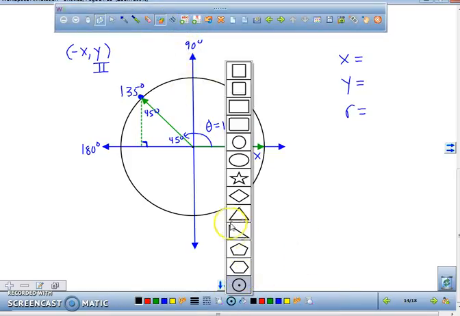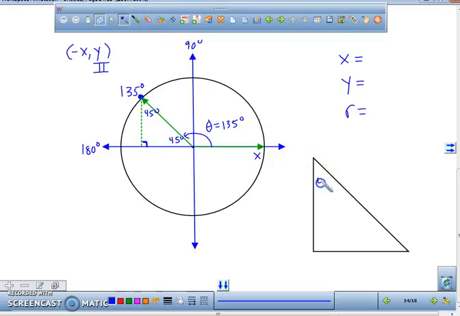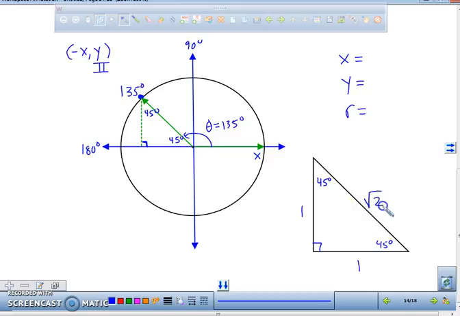That's one of the special right triangles. I'll make it a little bit bigger so you guys can see it. This is 45 degrees. This is 45 degrees. Here are the numbers I want you to use when working with it: 45, 45, 90 goes with 1, 1, radical 2.